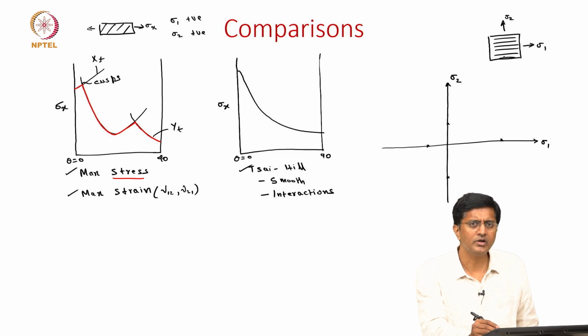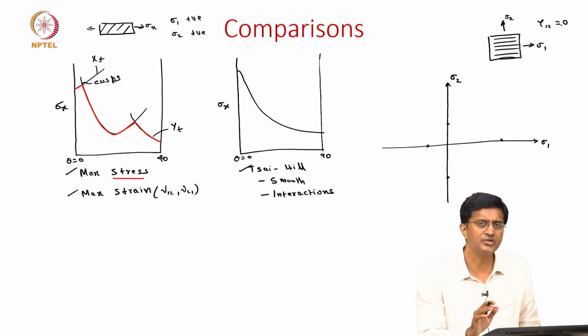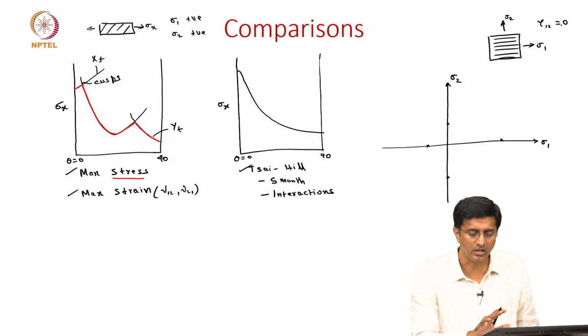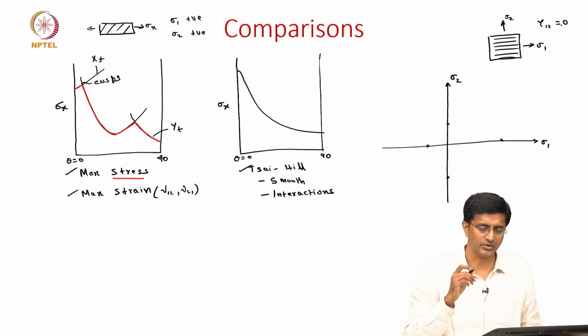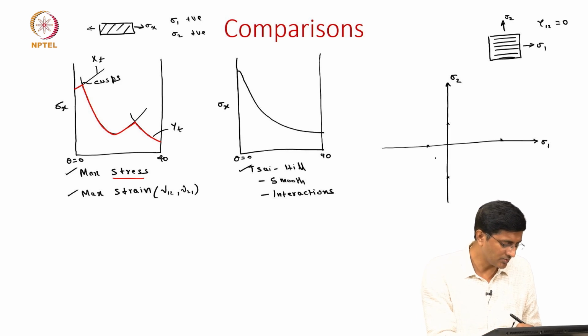So mind you, here we are for now assuming that there are no shear stresses, but of course this theory can take care of shear as well. But we are looking at a special case where tau12 is 0. So it's only a special case, it's not the complete thing we are showing. So in this special case, how will we show the maximum stress?